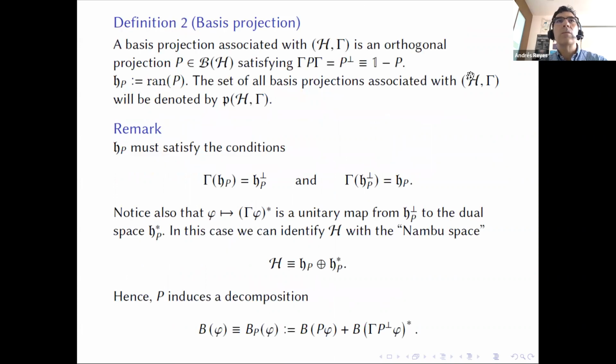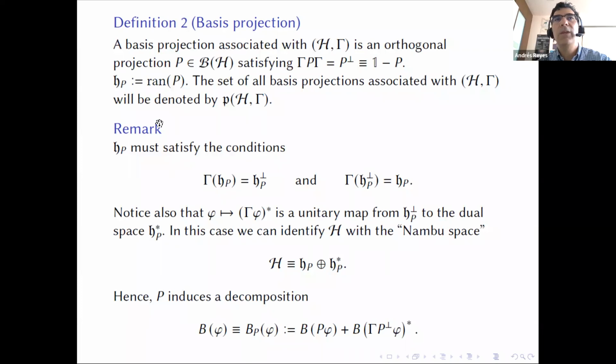So now we have a definition of what a basis projection is. A basis projection will be a bounded operator satisfying this property, which is just that if we apply the conjugation in this way, we obtain the orthogonal projection. And now it can be shown easily that if we act with the conjugation on the range of the projector, we get the orthogonal to this projection.